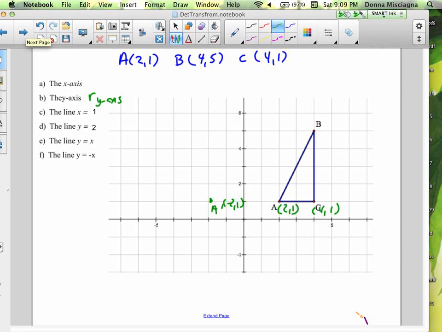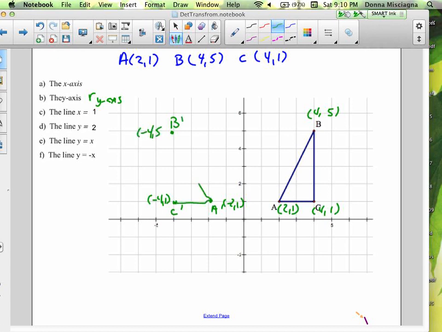That's going to be at -4, 1. And finally, B, this one fits in pretty good. B here is located at 4, 5. It's going to be located at -4, 5. So right here, from best I can see on these lines. All right, so here will be B prime, -4, 5, and we can connect.